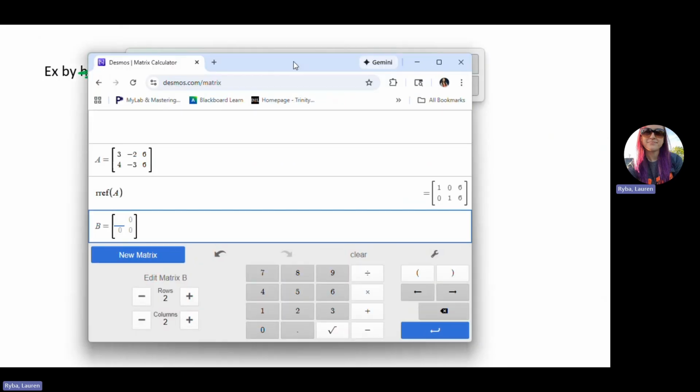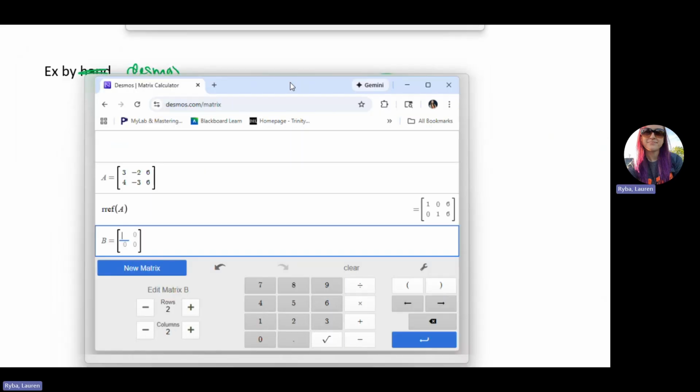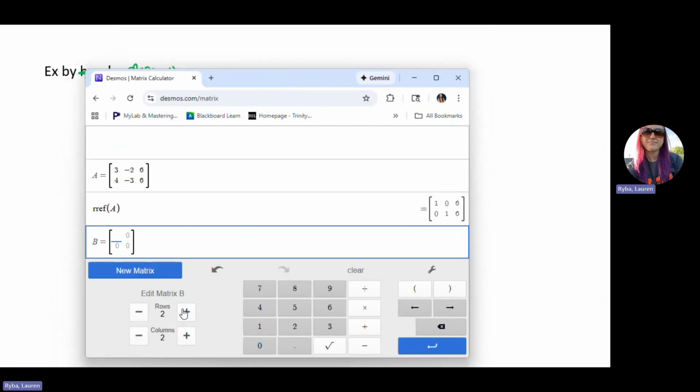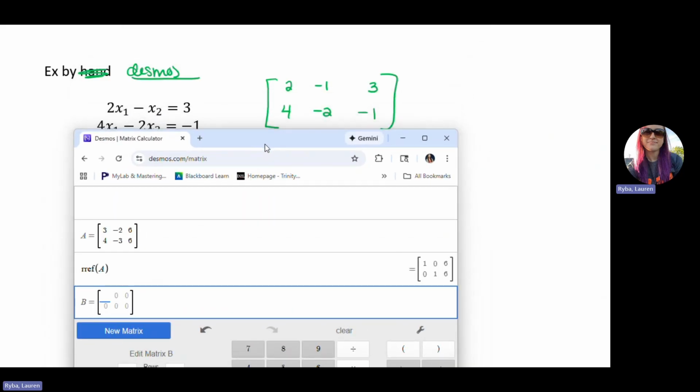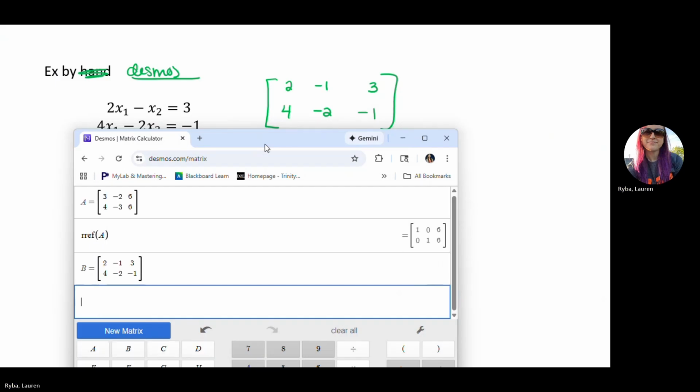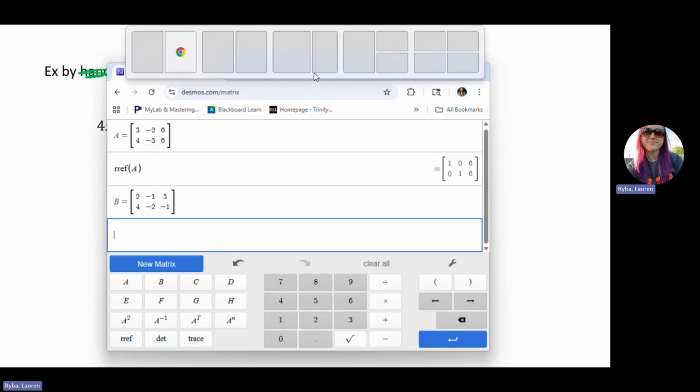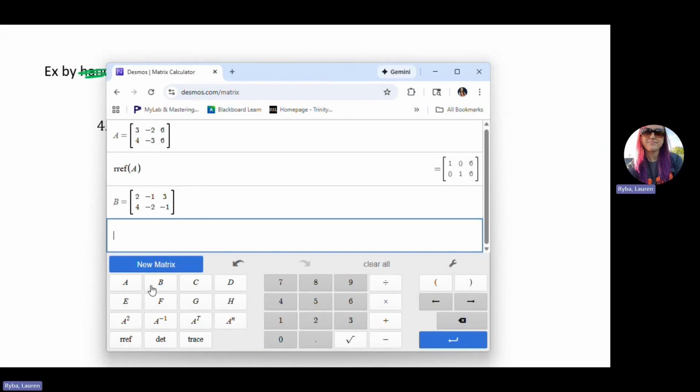One thing to note as I'm doing this here. Give me a second because it'll pop up and let me enter it first and then I can show you. 2, -1, 3, 4, -2, -1. All right. This calculator will store 8 matrices and it will go in order.